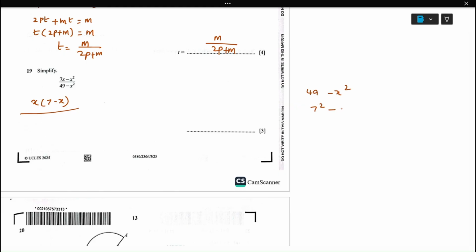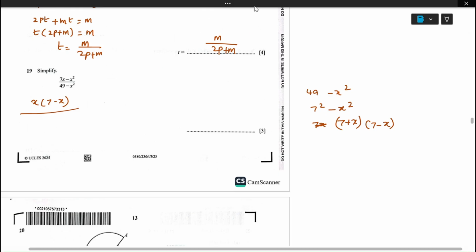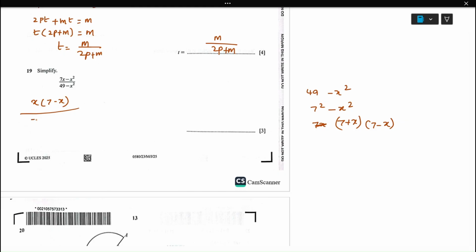I can write this as 7 squared minus x squared, a squared minus b squared. So I can write 7 plus x and 7 minus x. So here is 7 plus x and 7 minus x. So 7 minus x and 7 minus x get cancelled, which leaves x over 7 plus x.